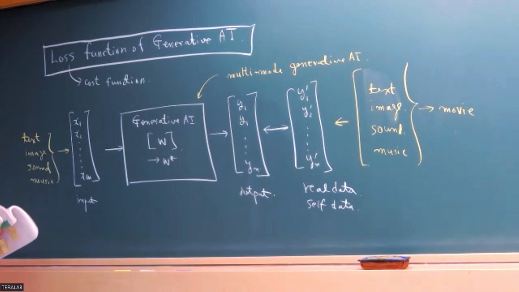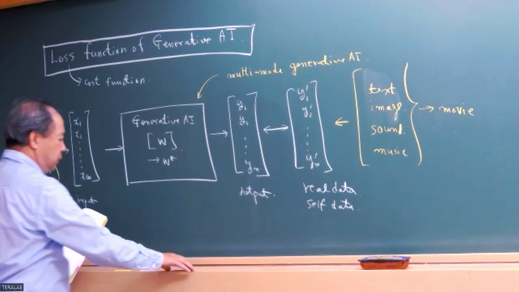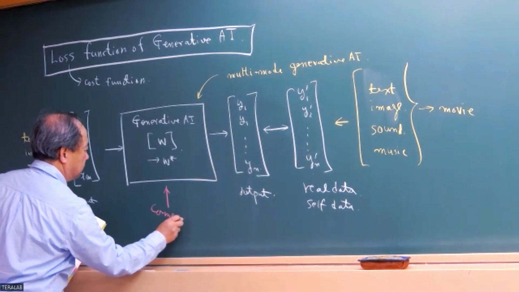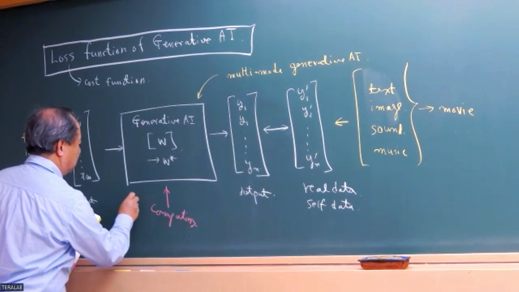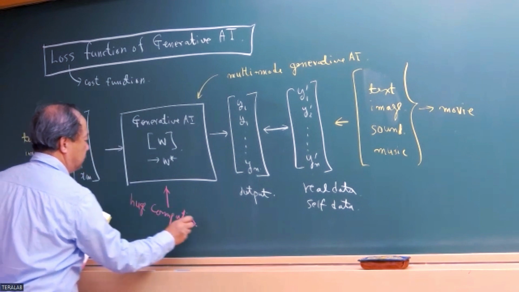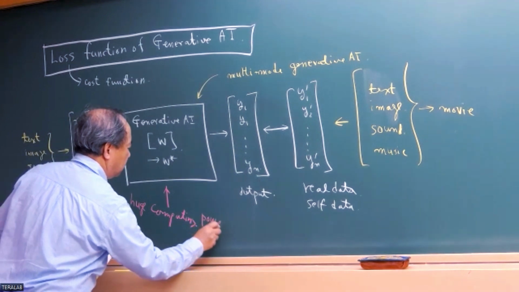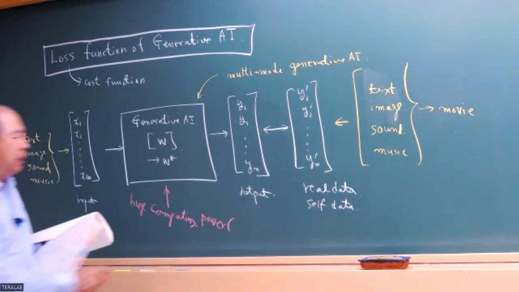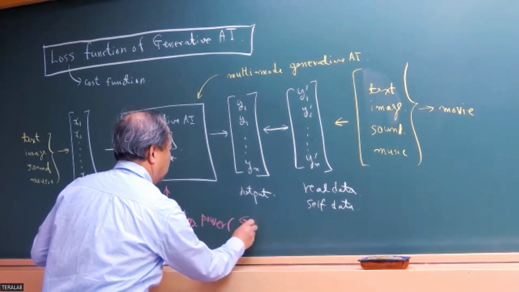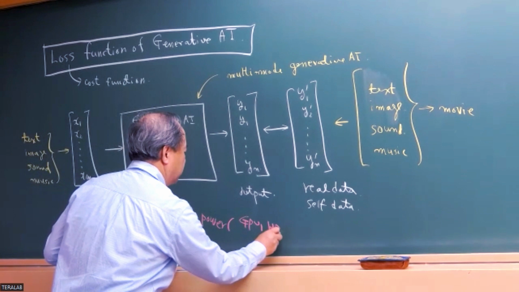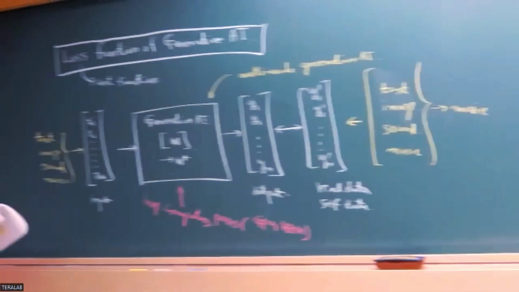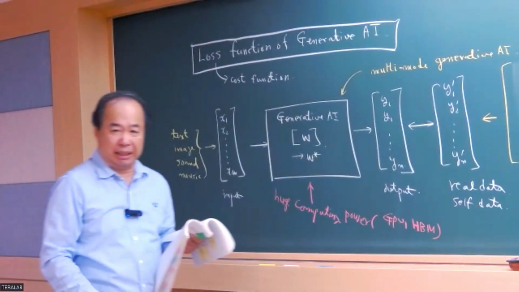In order to realize multi-mode generative AI, we need a huge amount of computing power. Computing power is recently enabled by GPU and HBM memory, assuming that we are still using the von Neumann computer architecture.